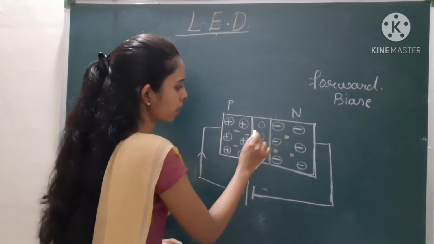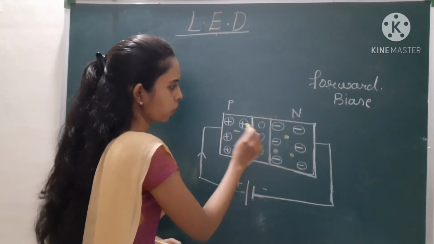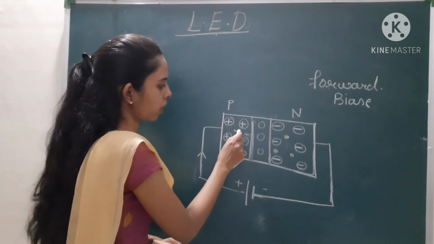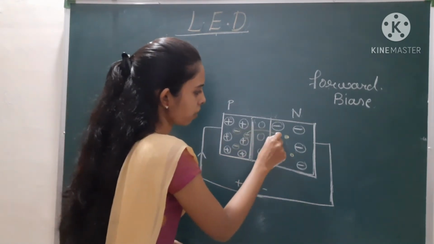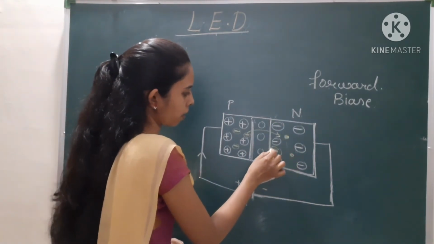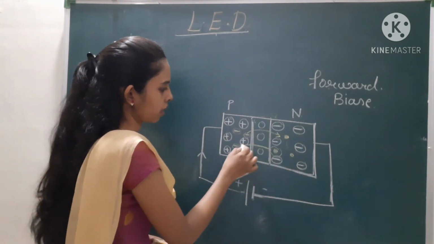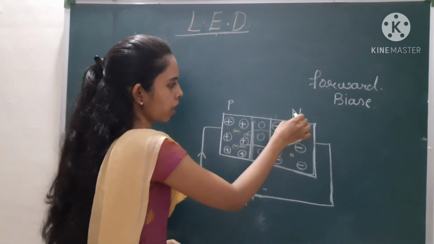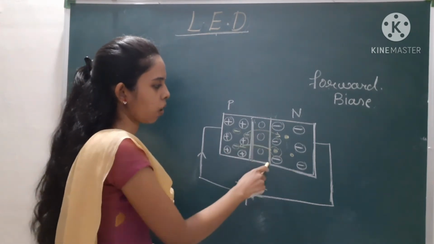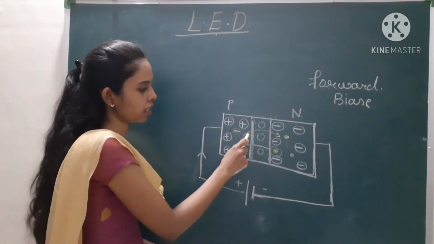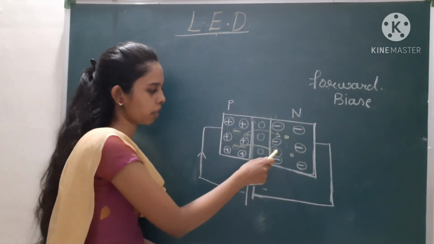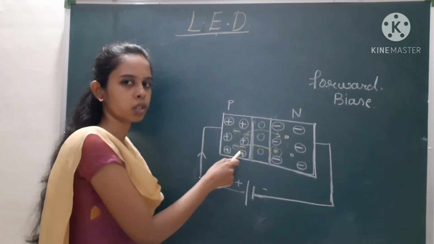So the distance between the P type and N type decreases, and therefore these minority carriers can pass through this junction and reach the N region, and the holes can pass through the junction towards the P region. Therefore the majority carriers in each region are increased. Due to the shrinking of this junction, the electrons can pass towards the N region and the holes can pass towards the P region.